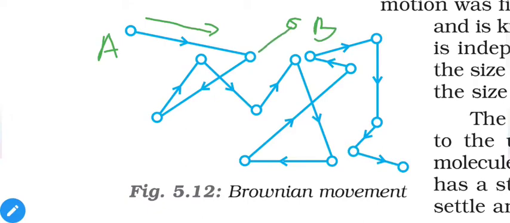They will collide with each other at this point, and that's why both of them will change direction. A will go in this direction and B will go in this direction because of the collision. During this collision, they exchange some kinetic energy. The faster particle will slightly slow down, and the slower particle will slightly increase its speed.